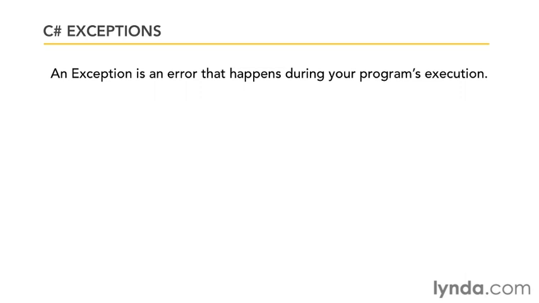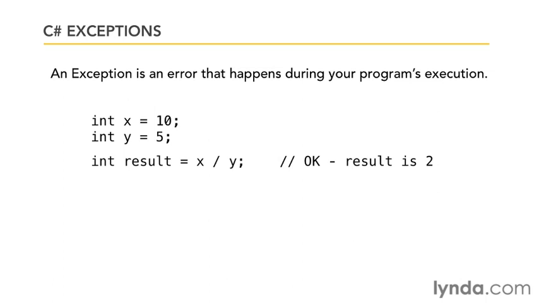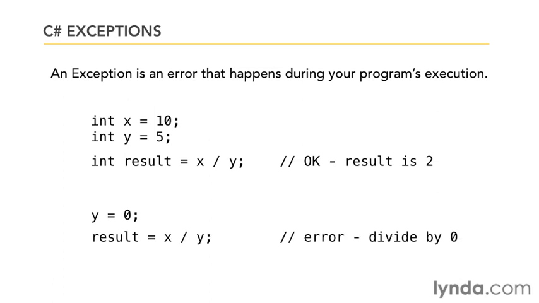in your code. Let's imagine I have two variables, x and y. They're both integers, and I've declared them as you see here. And then I declare another variable called result, and I divide x by y. Well, dividing 10 by 5, that's okay. The result is 2. But what happens if I set y to 0? And then I try to divide x by y, and oh, that's a problem. I'm dividing by 0.